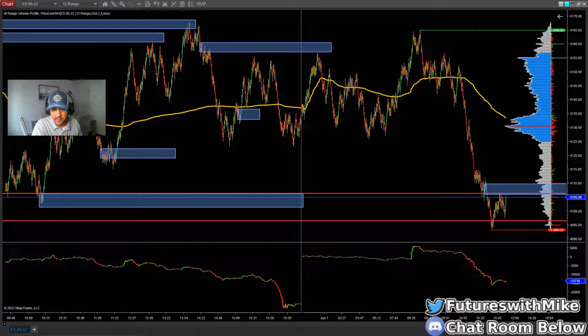Trying to see. So the trade I took last night, I got a total of 15 ticks. So 35 ticks really for the day, if I'm looking at what I took last night in today's session.